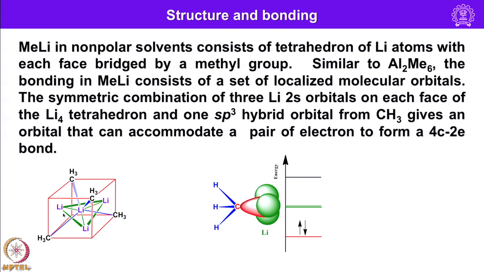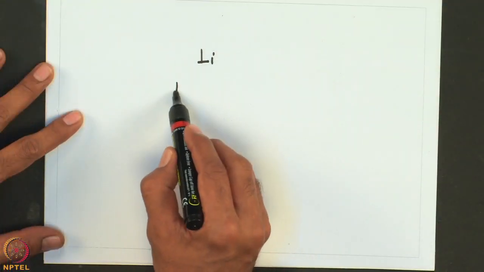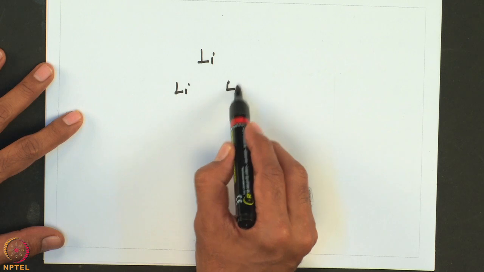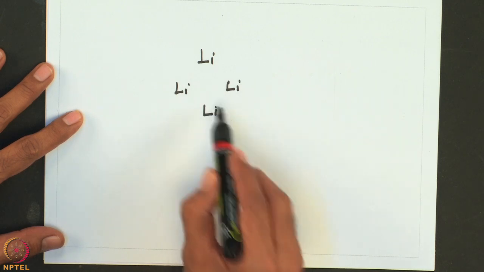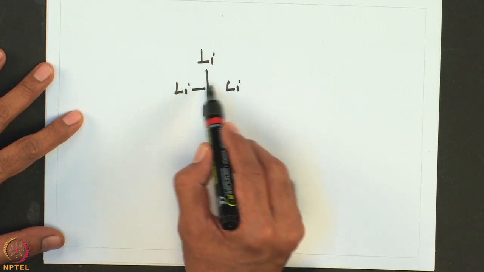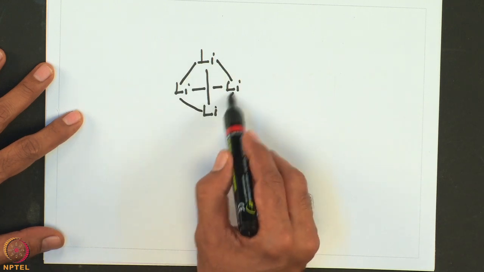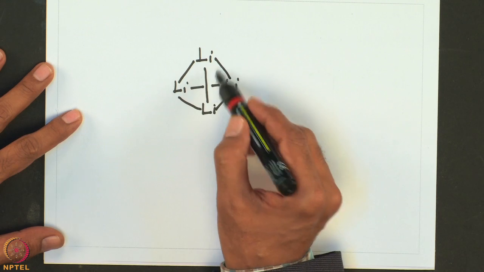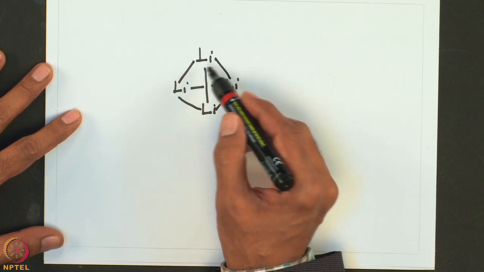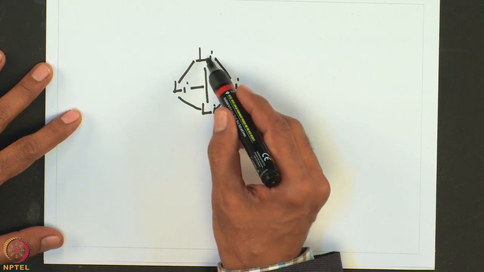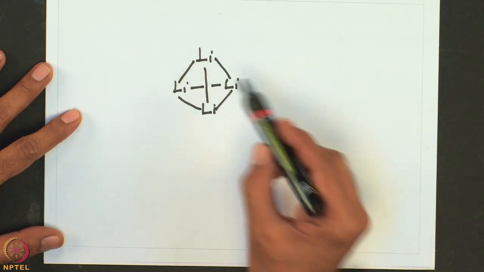Let me just consider a tetrahedron of lithium atoms here. So, now we have 4 equilateral triangle faces, each consisting of 3 lithium atoms.